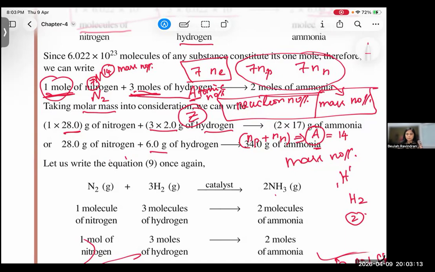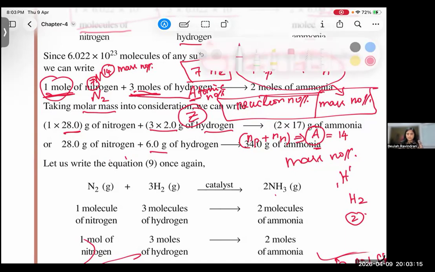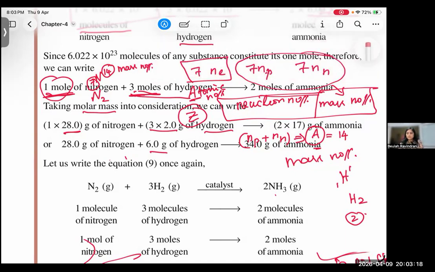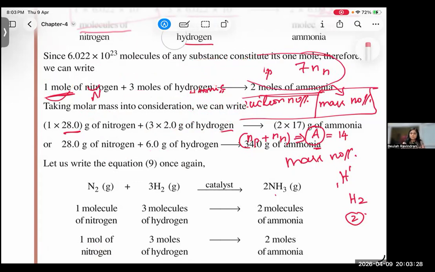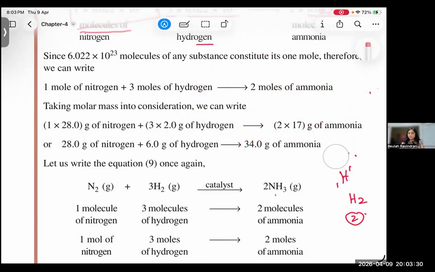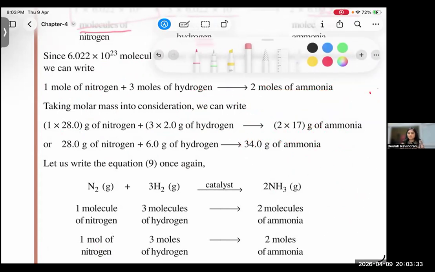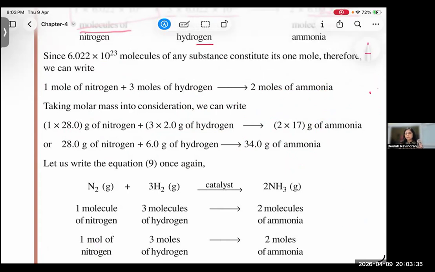How can I calculate for ammonia? If you want, you can take a screenshot, then we'll move on to ammonia. For ammonia, you just have to take the mass number of the total atoms. Ammonia is NH3.